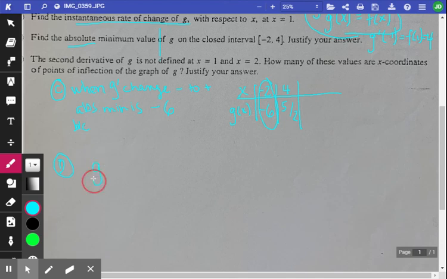I need to figure out, when does the second derivative of g change sign? Or when does g prime change from increasing to decreasing, or vice versa?